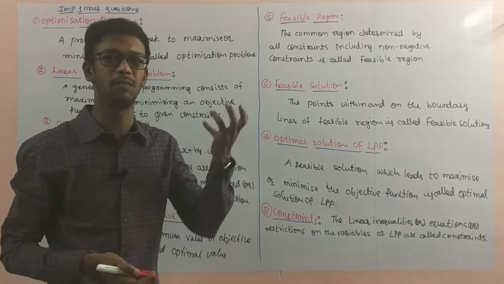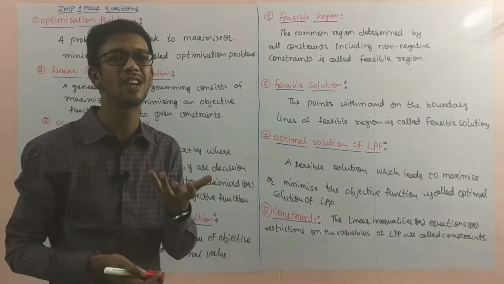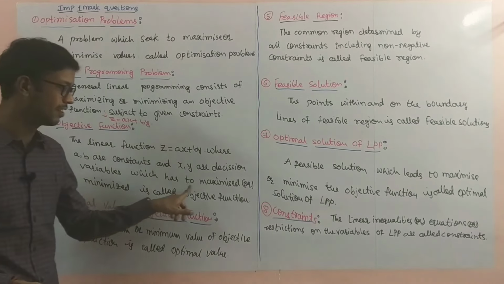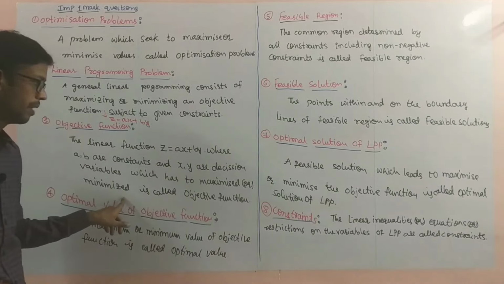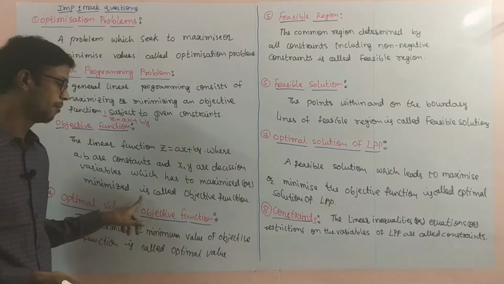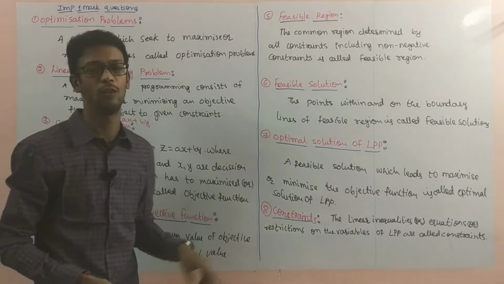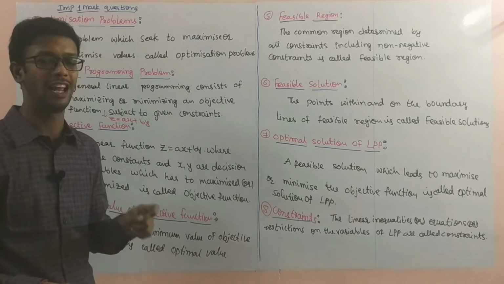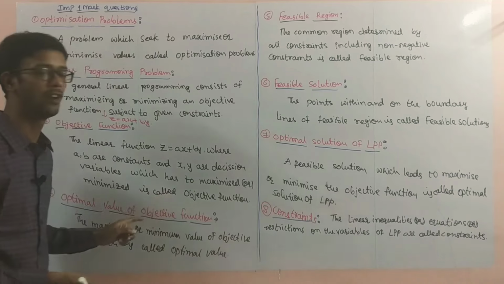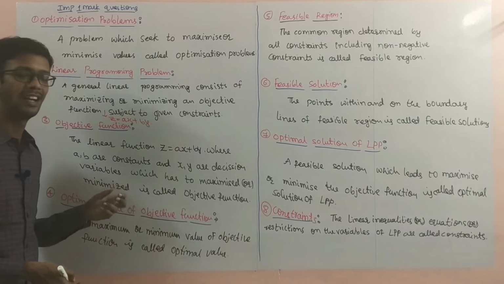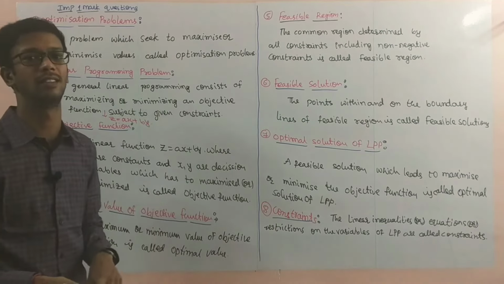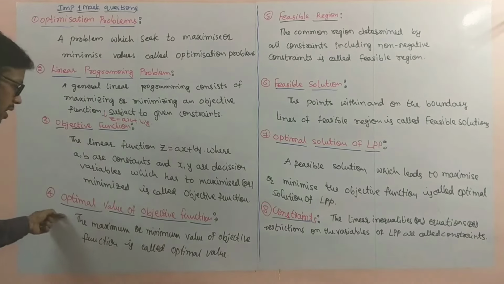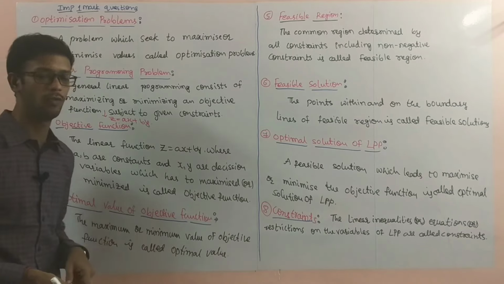By that only, the maximum profit is decided. So x and y are the decision variables, and the linear function z equal to ax plus by that has to be maximized or minimized is called the objective function.